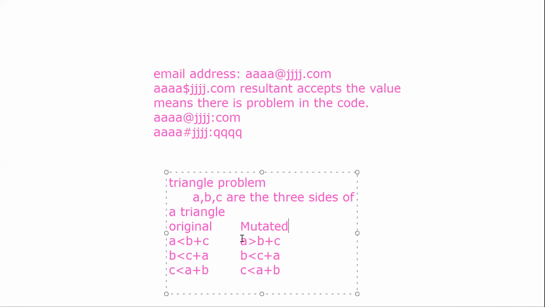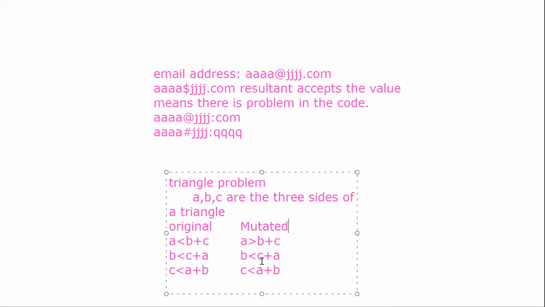If this gives the same result, that means even with this mutated condition a triangle can be formed, then there will be a problem in your code. If it gives the same, then you have a bug in that code.